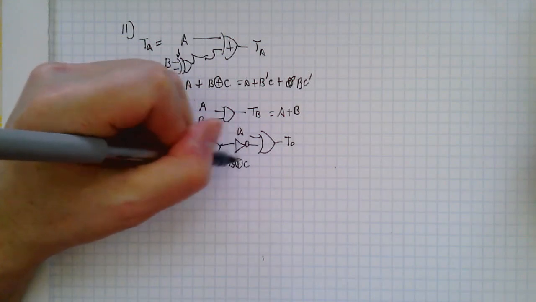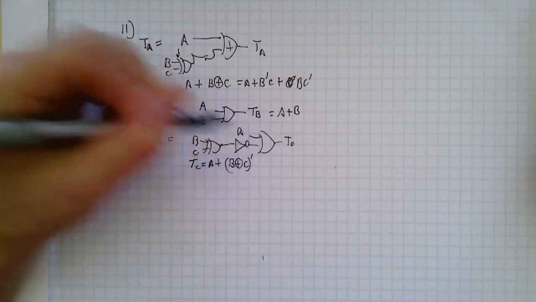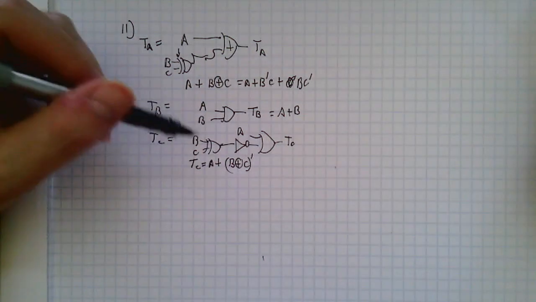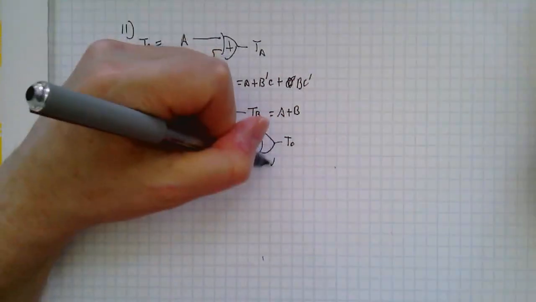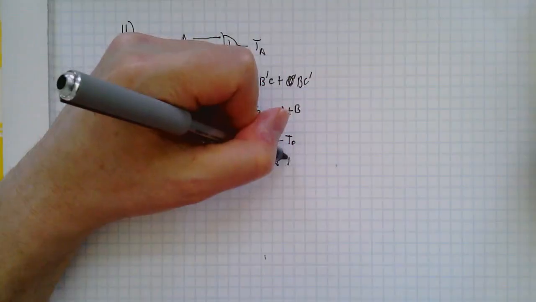That's correct. And the way you say that is B exclusive NOR C. And that can be written as BC or B prime C prime.